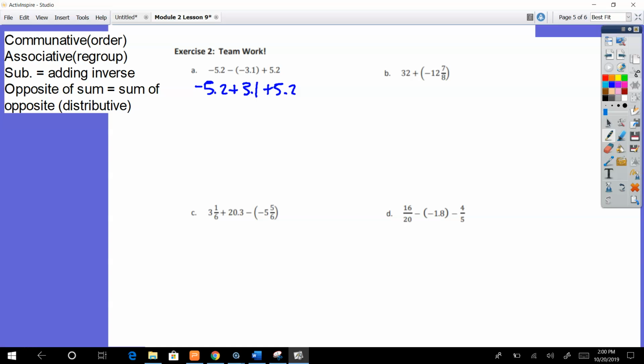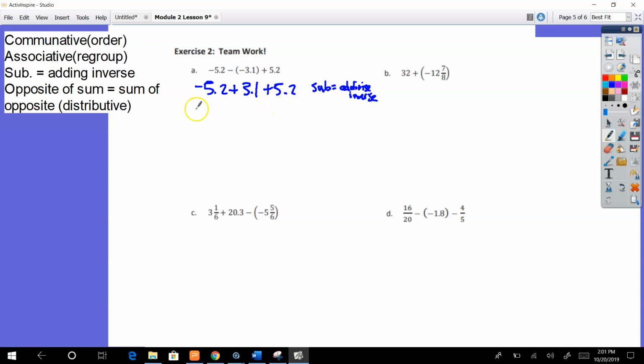They're going to say the reason we do that is that subtraction is the same as adding the additive inverse. Subtracting means you add the additive inverse. Here I'm okay with you just describing it to each other. Then the next person, to pink's left, will go. They'll say, I see a negative 5.2 and a positive 5.2.